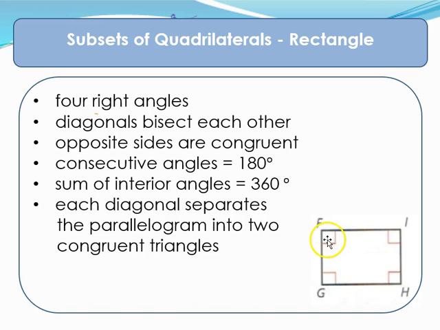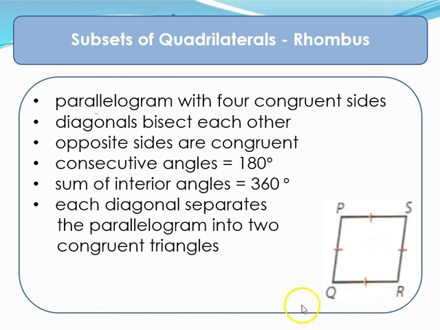Its consecutive angles equal 180, so angle F and angle I would be 90 and 90, which is 180. All four of these angles would be 360. And if I draw a line from F to H, I end up with two triangles that are congruent to each other.